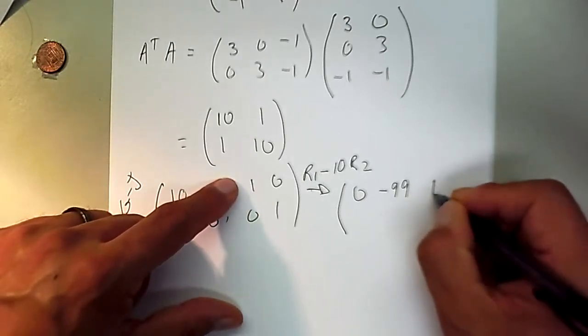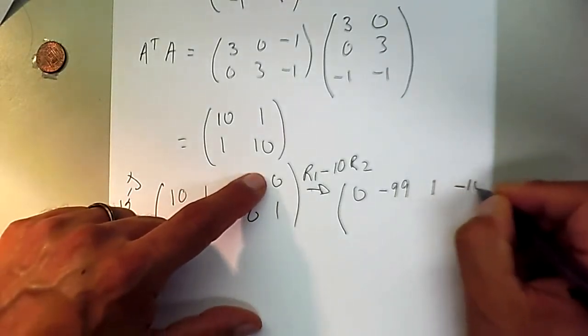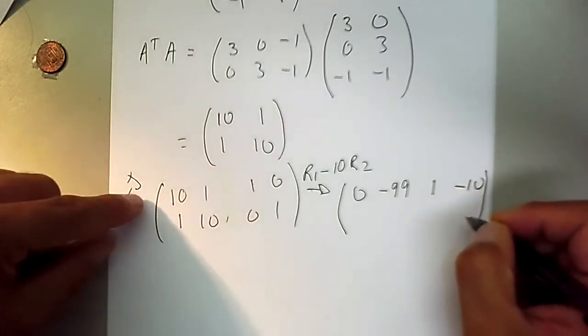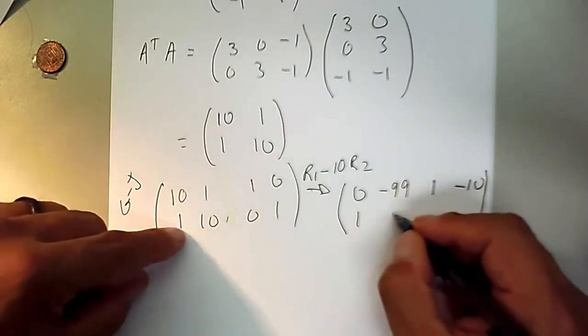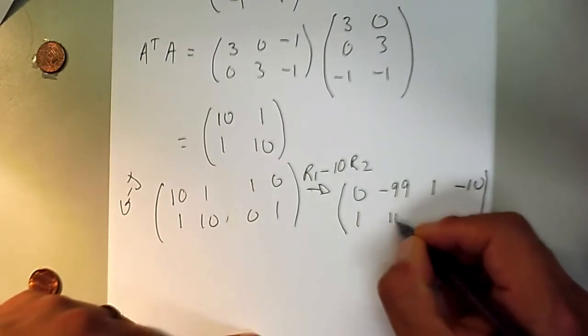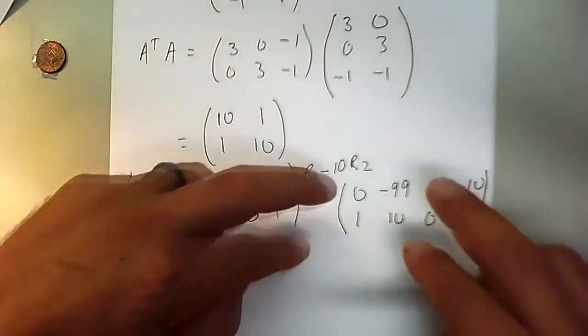Okay. 1, negative 10, and then keep the other guy alone as is. 1, 10, 0, 1. We're going to switch those two.